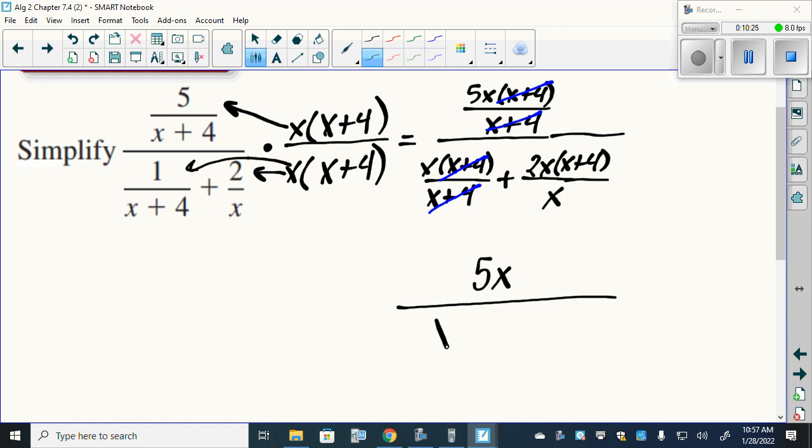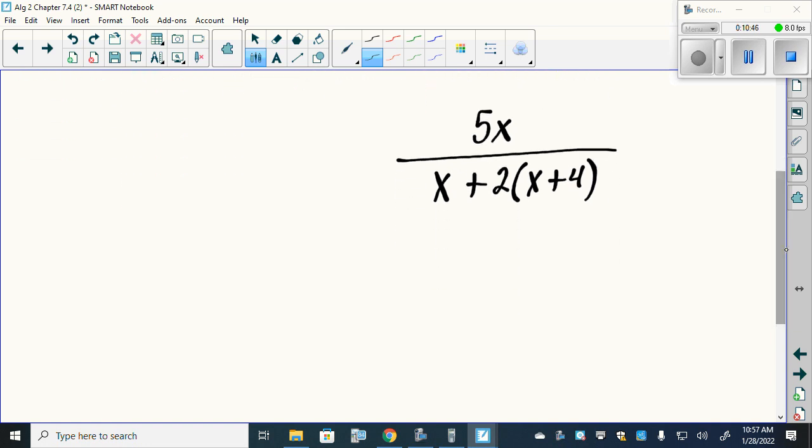So I would have x plus, over here the x and x would cancel, leaving us with 2 times x plus 4. Yes? Okay. Any questions on how we got to this point here?